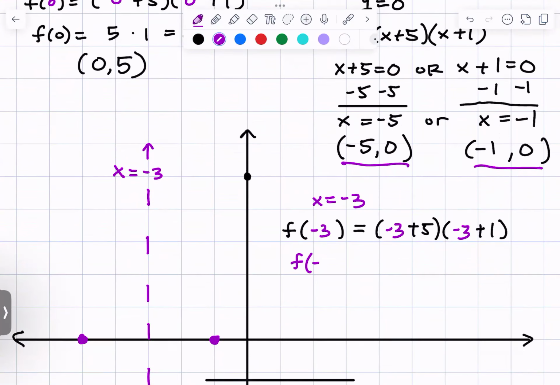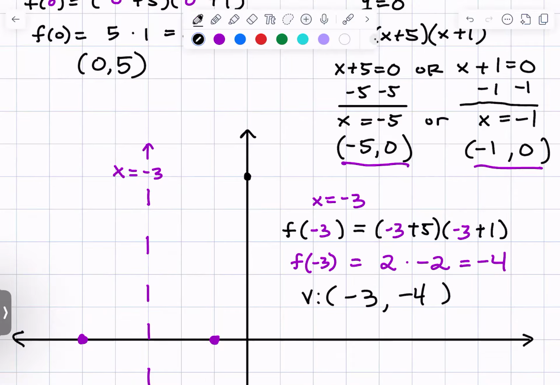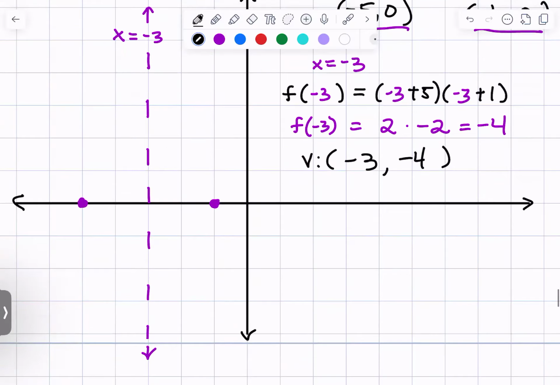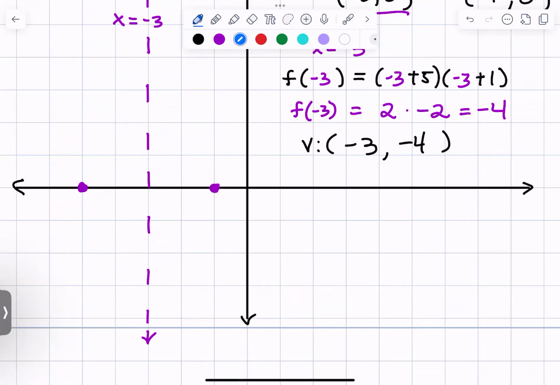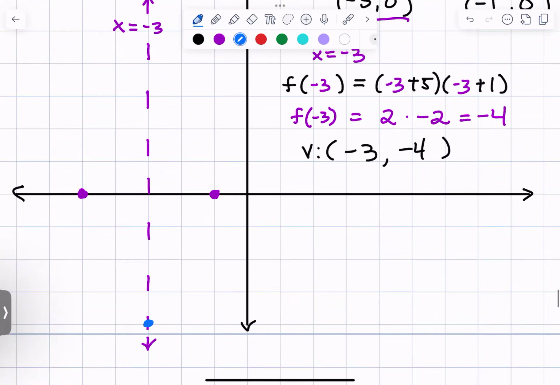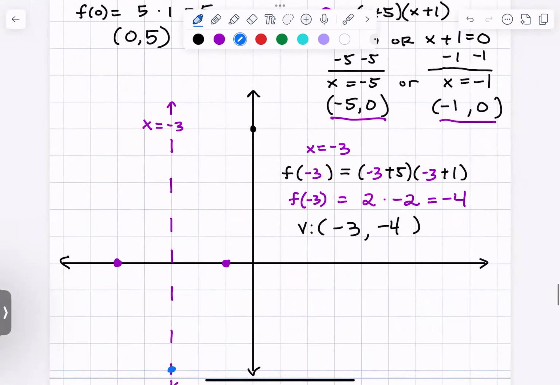So f of -3 equals 2 times -2, which equals -4. So I have my vertex at -3, comma, -4, right? Okay. So plot that point, -3, comma, -4, 1, 2, 3, 4, right here. That's my vertex.